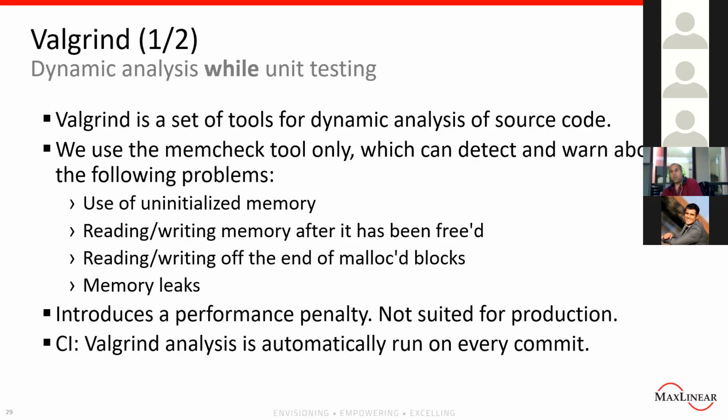So at the same time that we unit test our code, we get a memory check for free. If we have a good coverage, then we can be sure that all or most of our code has been tested for memory errors. This is also a deterministic way of checking for memory errors.